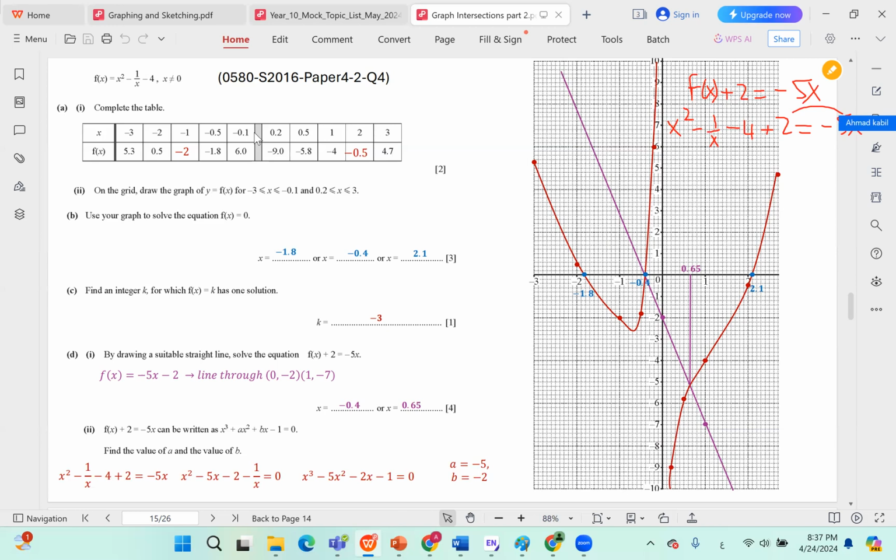We take the -5x to the other side. It becomes x squared minus 1 over x. These two together give us -2, and plus 5x equals 0. Let's multiply everything by x. So the first term here becomes x to the power 3, minus, and then if we multiply here by x, these cancel out, so this becomes 1.